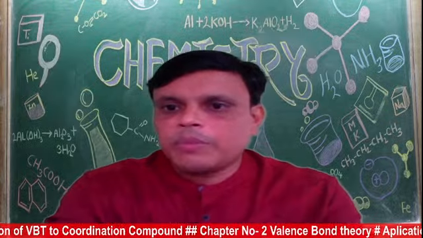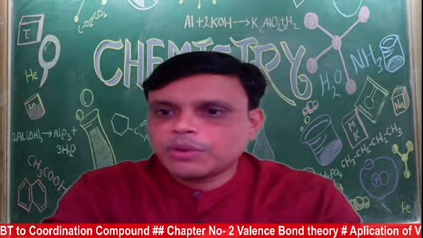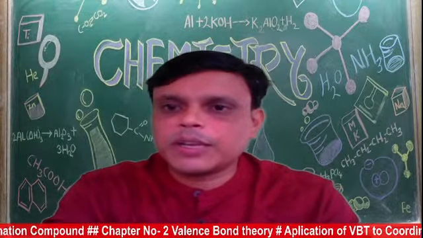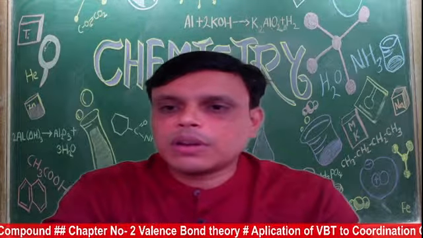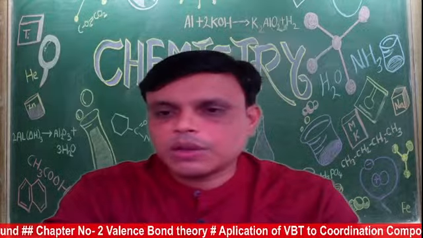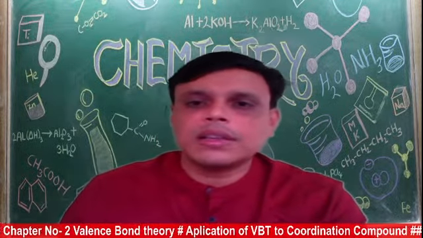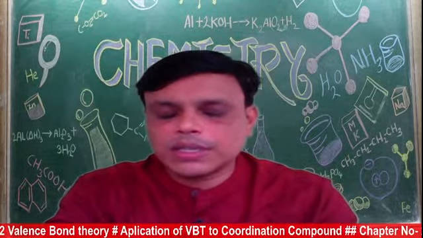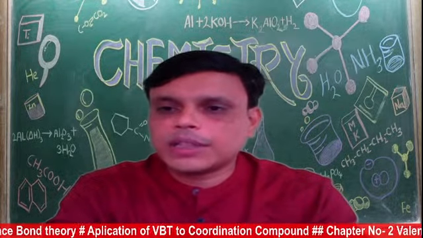Sir, to know how many electrons we need to fill, we have to multiply the coordination number by 2, right? Yes, correct. You have to multiply the coordination number by 2, because the coordination number suggests the number of ligands present in the complex.